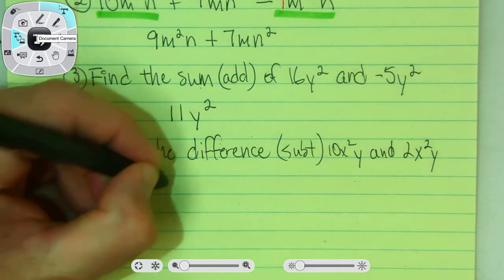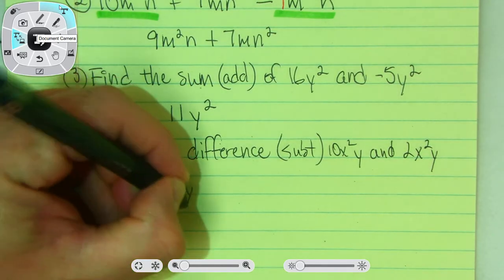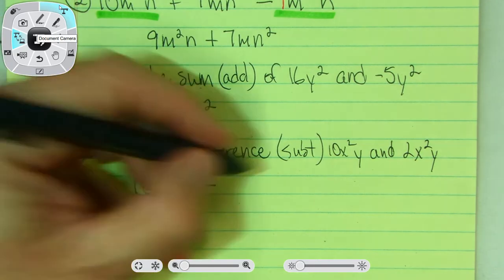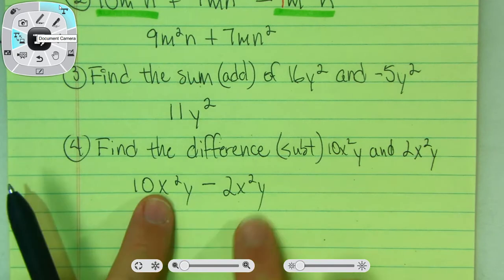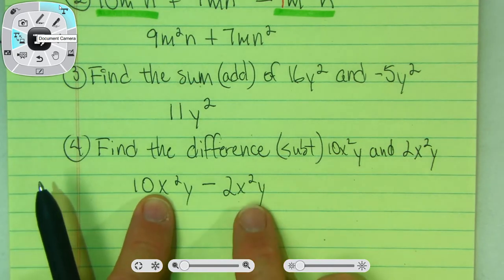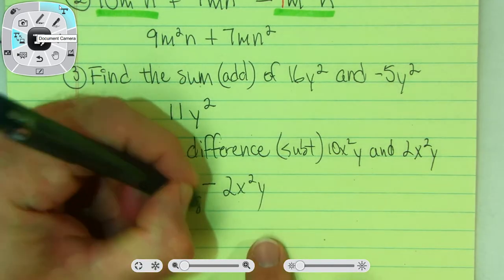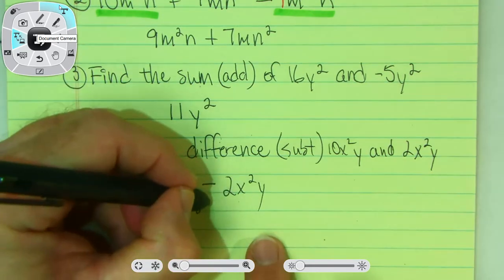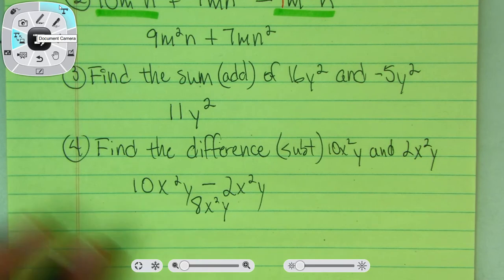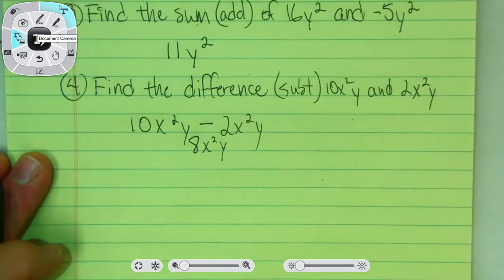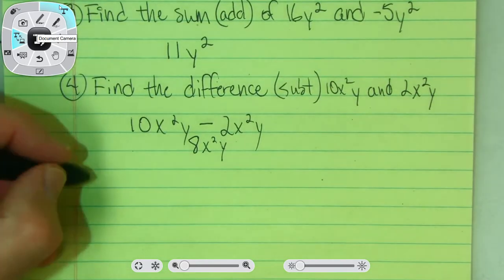Difference means to subtract, so this becomes 10x squared y minus 2x squared y. Well, they're like terms, so I can go ahead and do the next step. The next step will be 10 minus 2 is 8, x squared y. Can only do it if they're like terms.